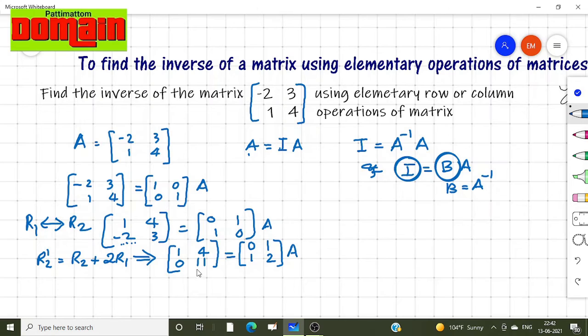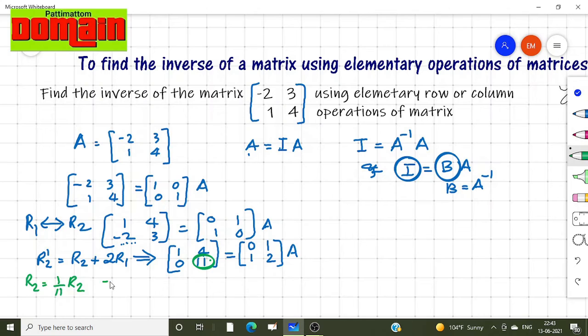Next step, instead of 11, in this place we want 1. For that, R2 becomes 1 by 11 of R2. Just divide by 11.